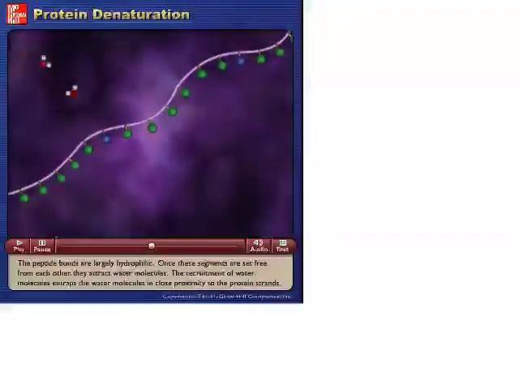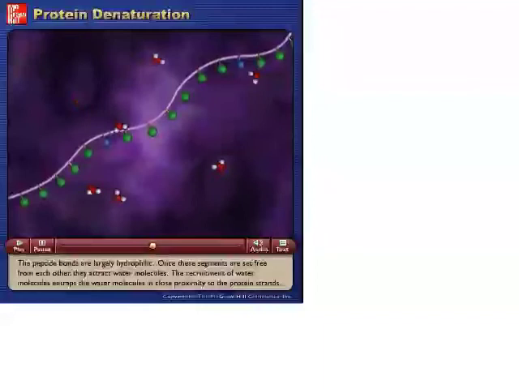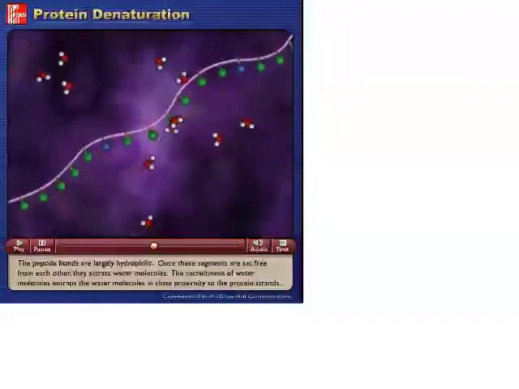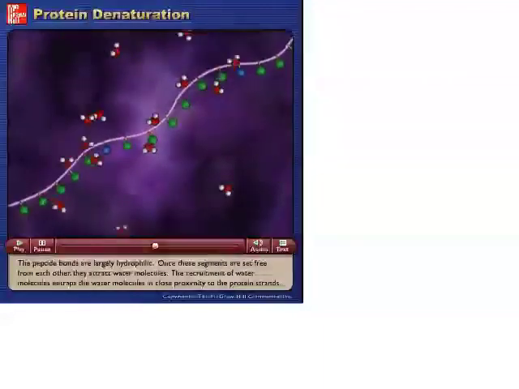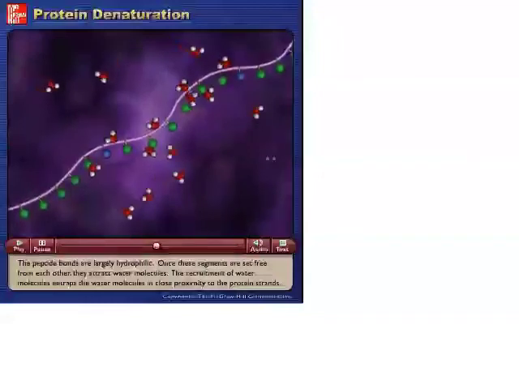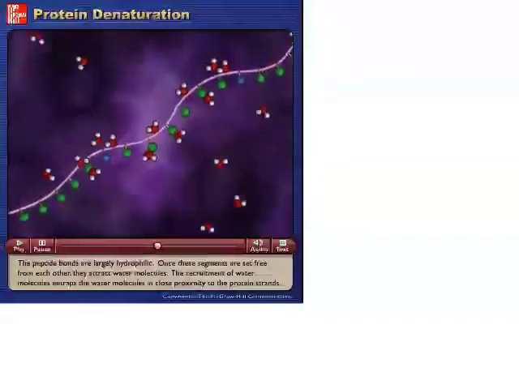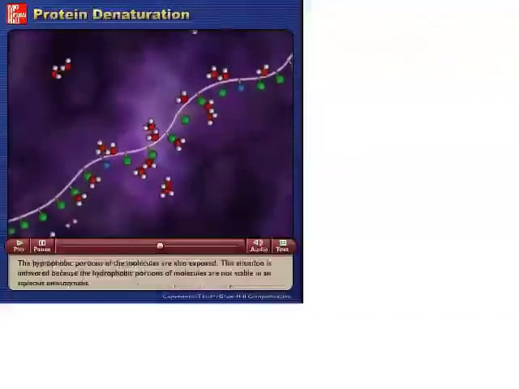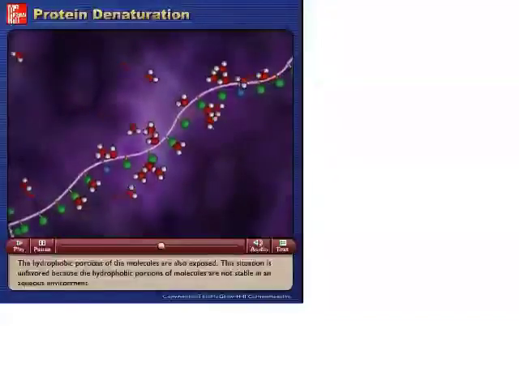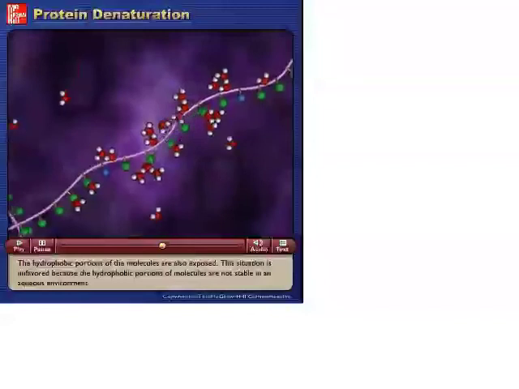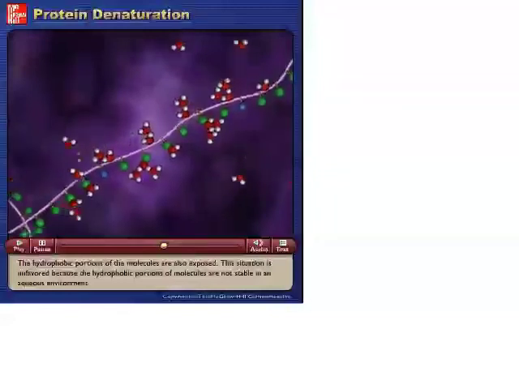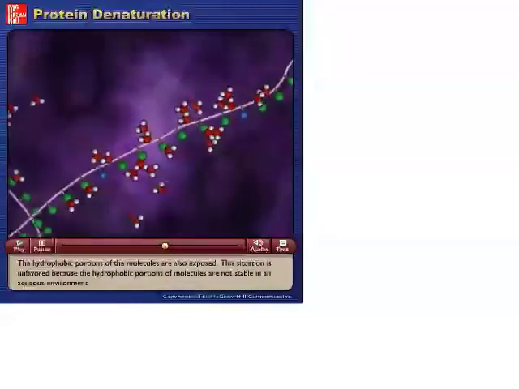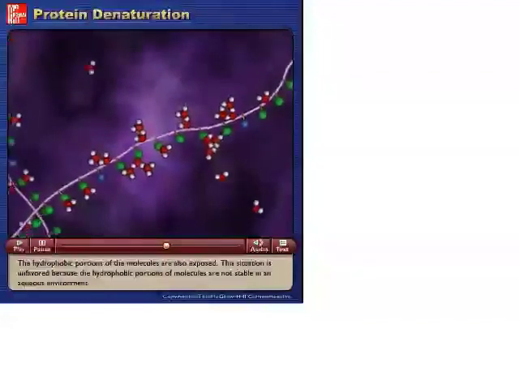The peptide bonds are largely hydrophilic. Once these segments are set free from each other, they attract water molecules. The recruitment of water molecules entraps the water molecules in close proximity to the protein strands. The hydrophobic portions of the molecules are also exposed. This situation is unfavored because the hydrophobic portions of molecules are not stable in an aqueous environment.